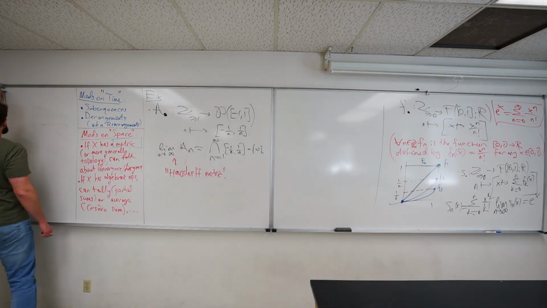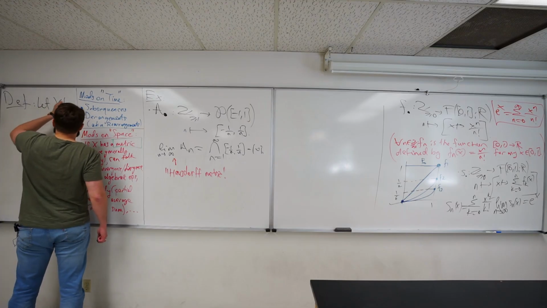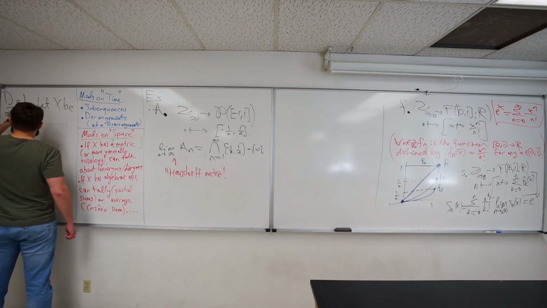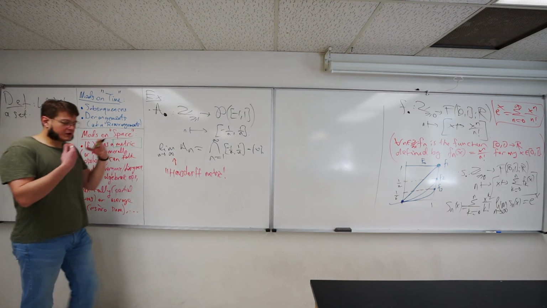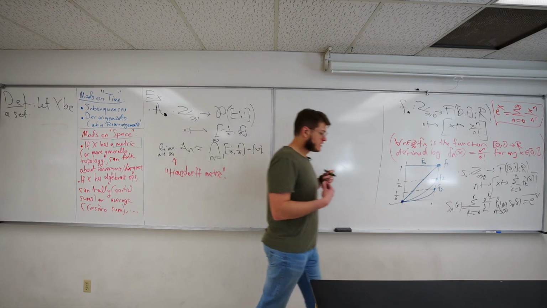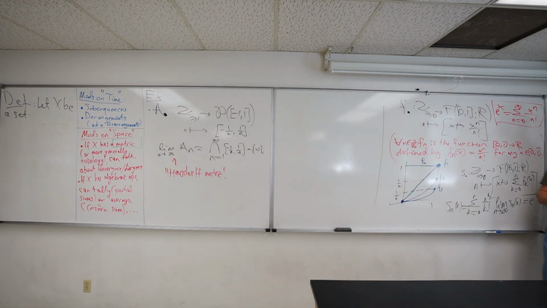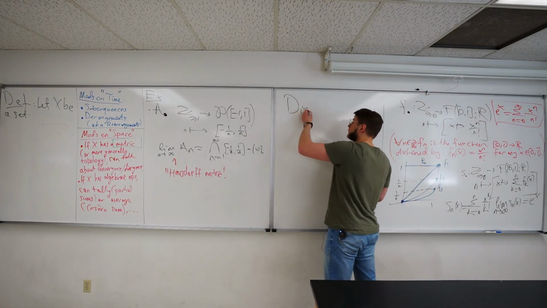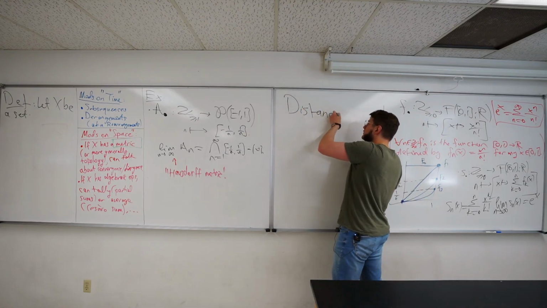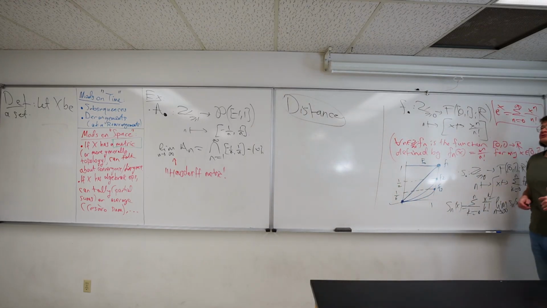Let's start with this. Let X be a set. Okay. So what I'm trying to do is come up with the right formalism that abstracts out the notion of a distance. This is what we're trying to understand. This is what we're trying to formalize.